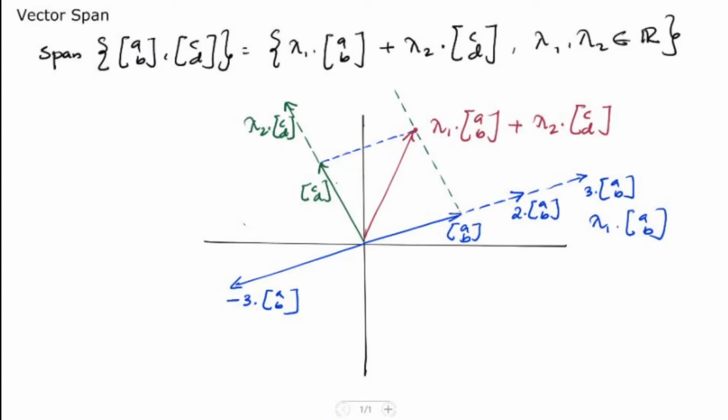So here you can say that maybe if we just say lambda 1 times AB plus lambda 2 times CD is any vector xy, then you can say that xy is the diagonal of the parallelogram spanned by the vectors lambda 1 times AB plus lambda 2 times CD.